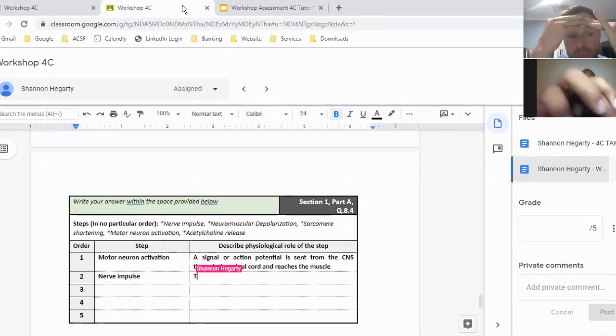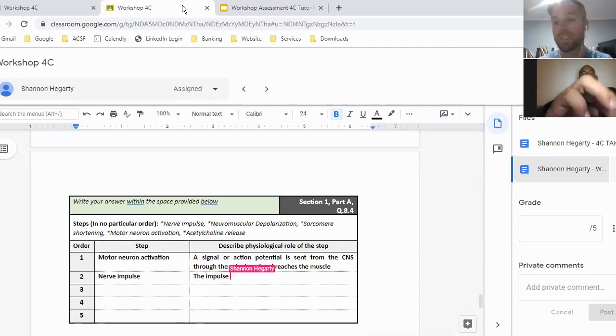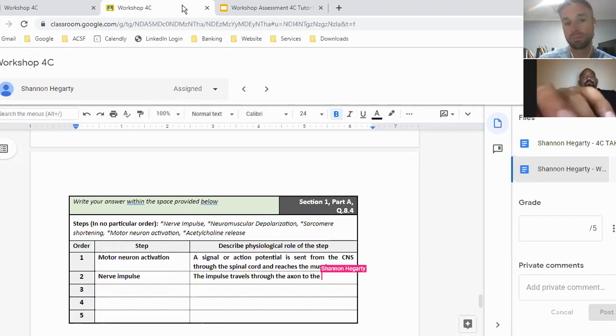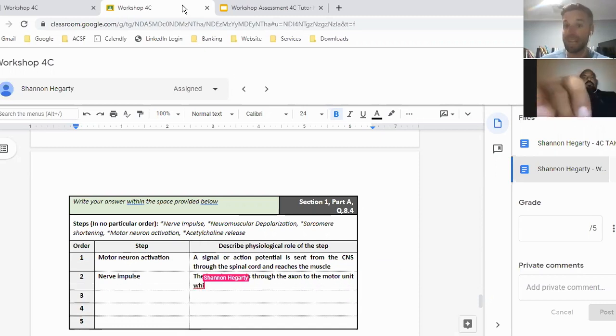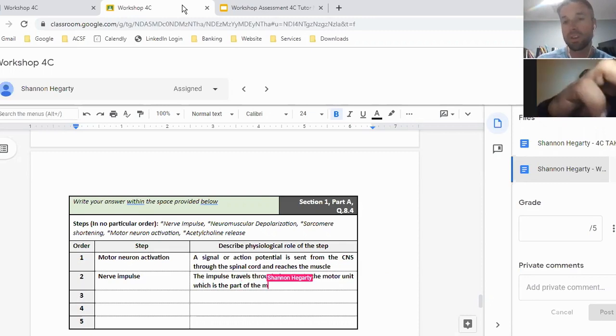The impulse, which is the signal of the nerve, travels through the axon, which is the center of the nerve, to the motor unit, which is the part of the muscle that receives the nerve signal. The nerve connects to the muscle at this portion, the motor unit. It's called a motor end plate. That's fine, which is the part of the muscle that receives the signal.